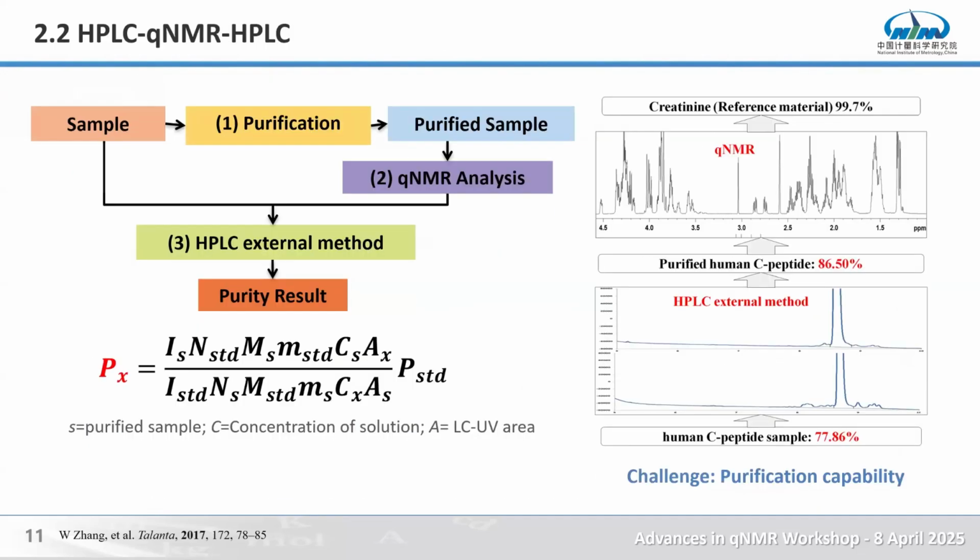But for this method, you can see the key point is the purification process. That is step 1. A large amount of high purity samples is required to ensure the accuracy of the measurement result, which is sometimes difficult to achieve.